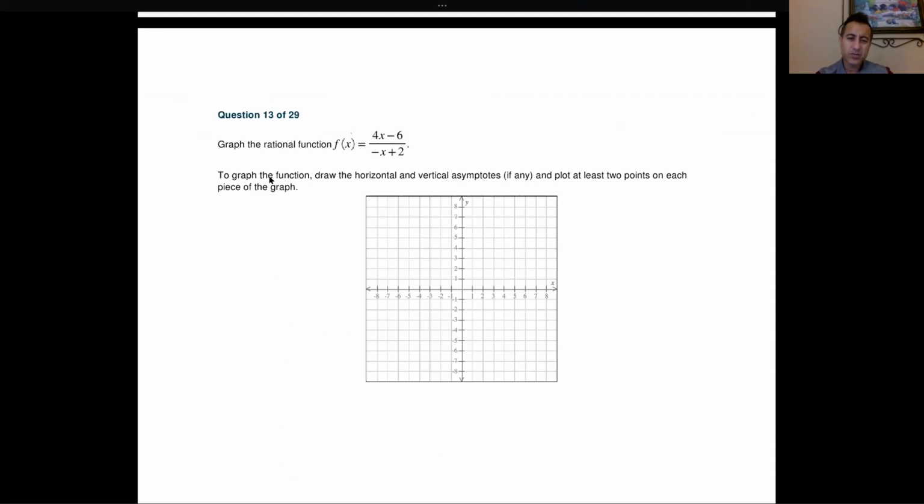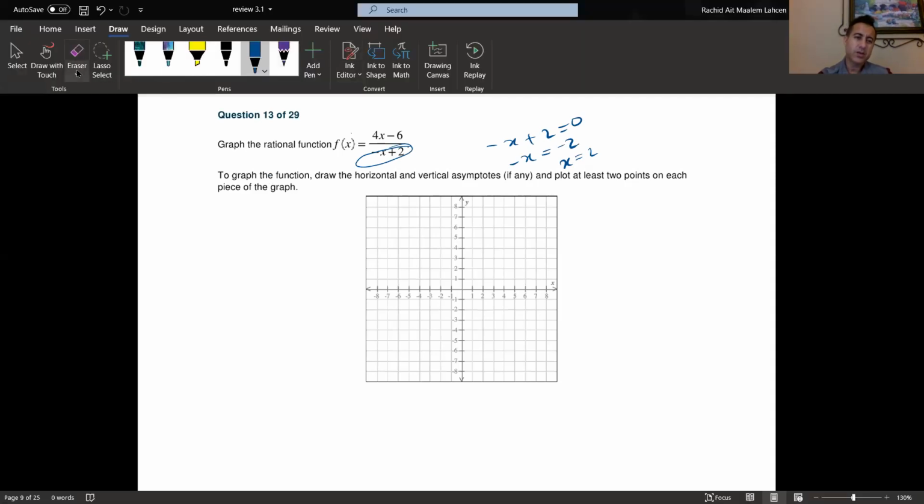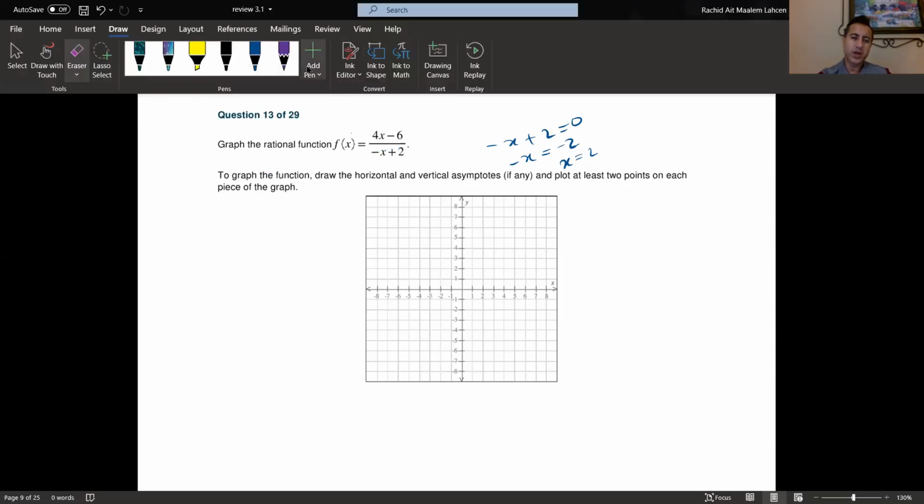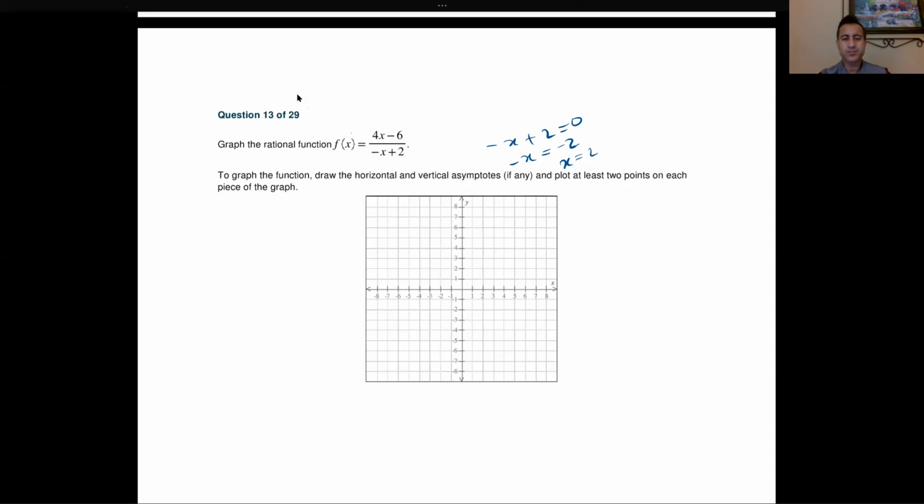So for the vertical asymptote, -x plus 2 equals 0, subtract the 2, x equals 2. We graph that here, right? Then do we have a slant? Do we have a horizontal?